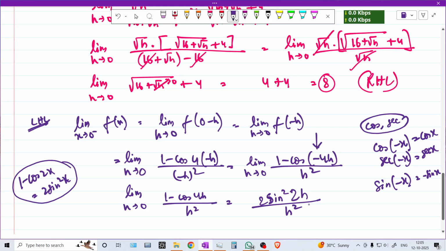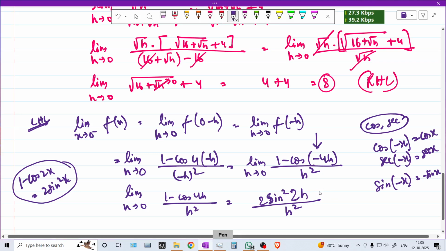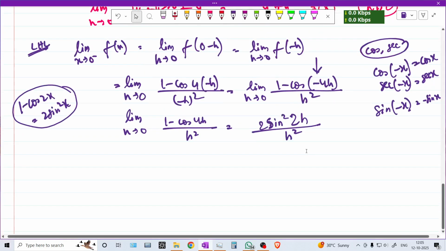Now see, inside here it is 2h. I can rewrite this function as 2 outside, sine 2h whole square by h square. I will write h square as 4h square by 4.